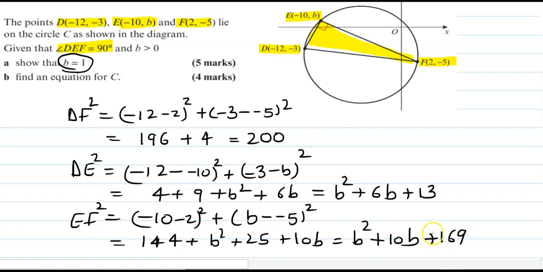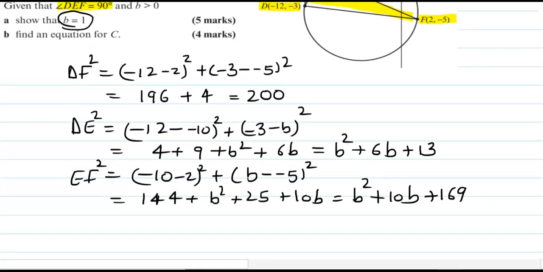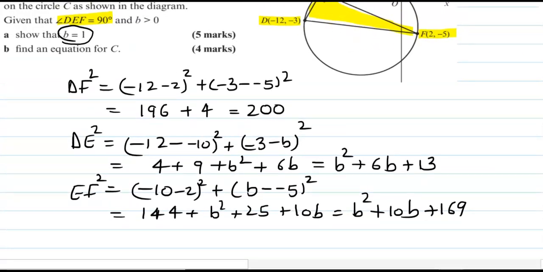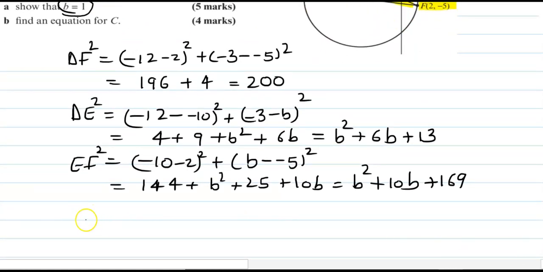Okay, so we can put these values together. How can we put them together? Like hypotenuse square equal to opposite square plus adjacent square. So DF square equals DE square plus EF square.